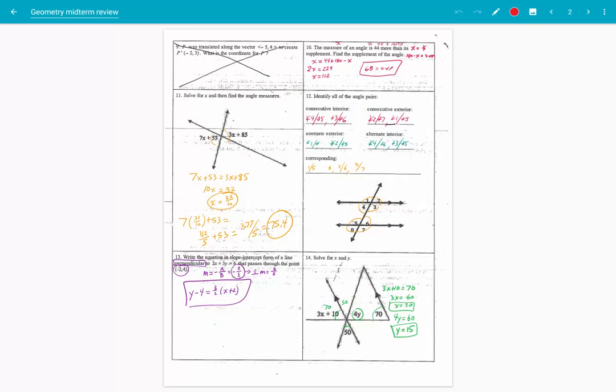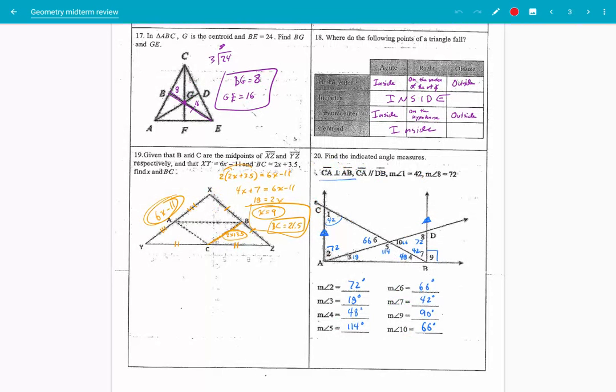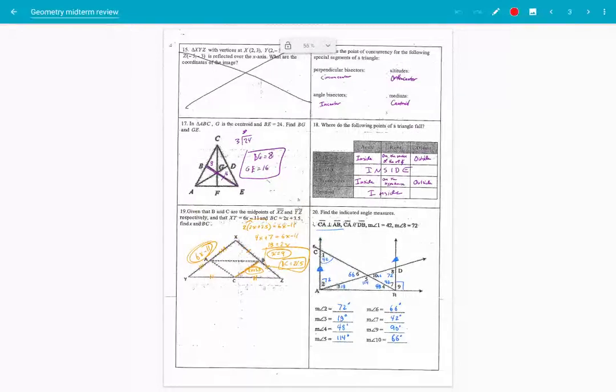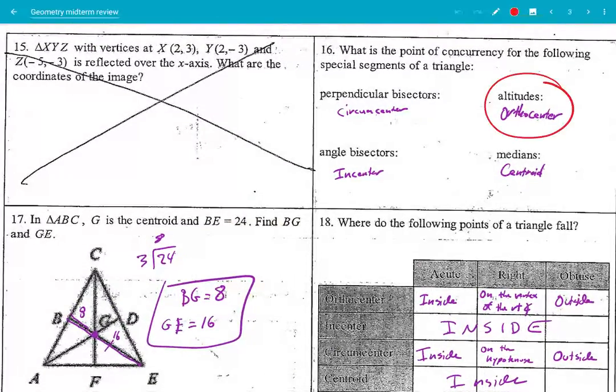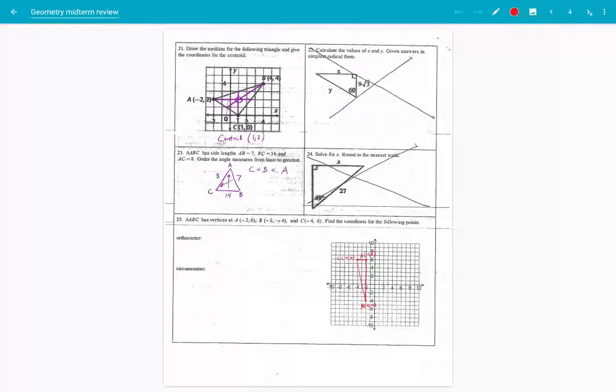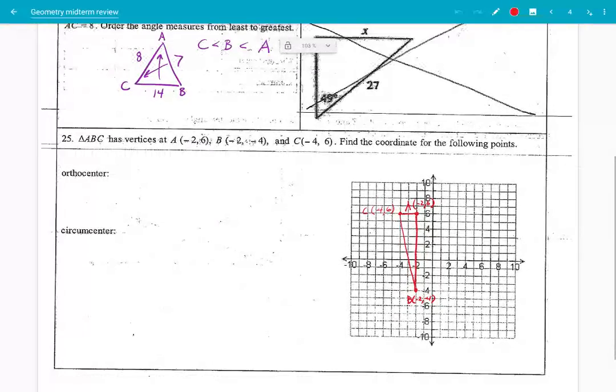Where did it go? Oh, there it is. The orthocenter comes from the altitudes. So we're going to draw on the altitudes. The circumcenter comes from the perpendicular bisectors.